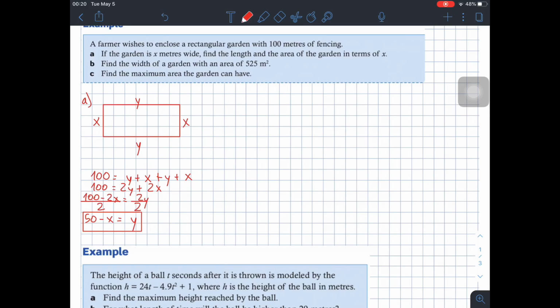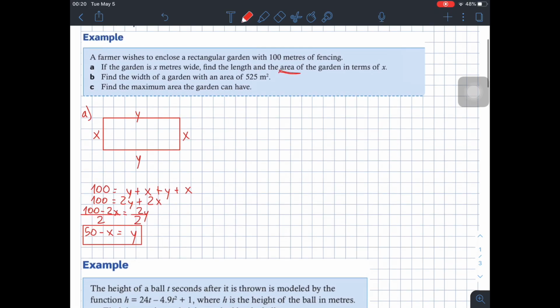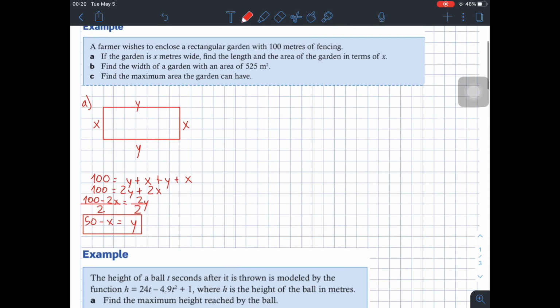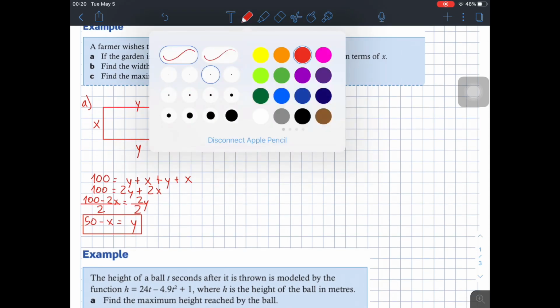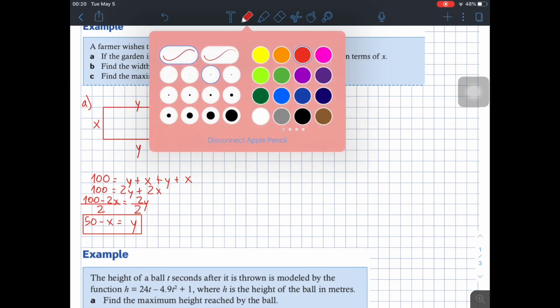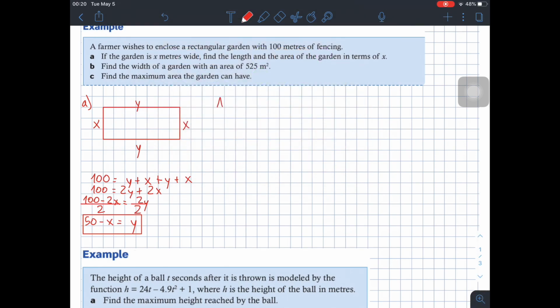There you go. So then we want to find the area of the garden in terms of x. To calculate the area of a rectangle, remember, the area of a rectangle is always length times width. So in this case, it's y times x, length times width. We already have y written in terms of x.